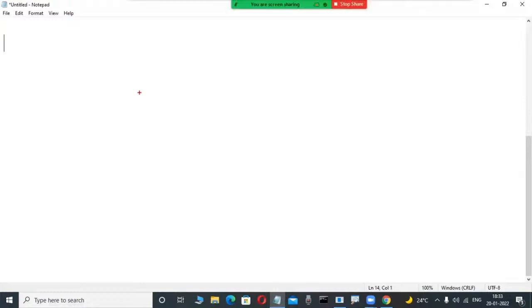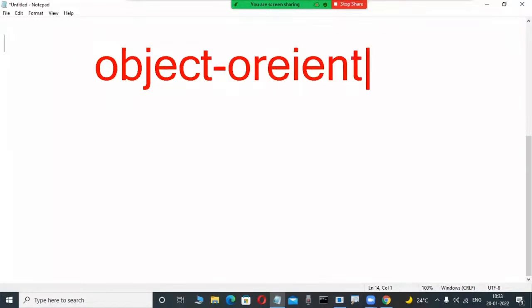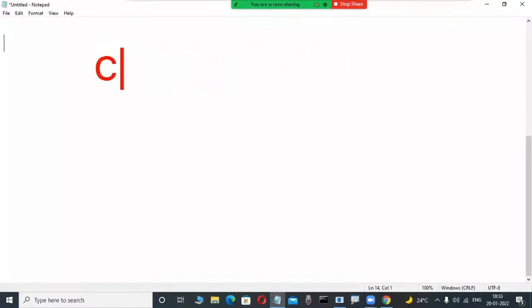Suppose there are so many object-oriented languages worldwide. Maybe many fellows have an idea. What are the object-oriented languages? C++ is an object-oriented language. Java is a popular object-oriented language.